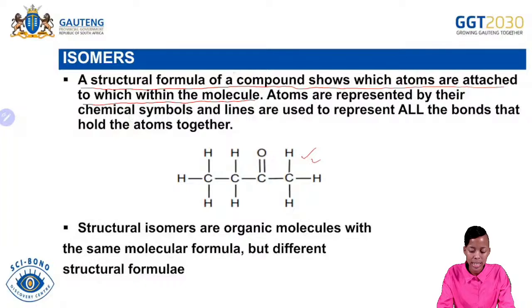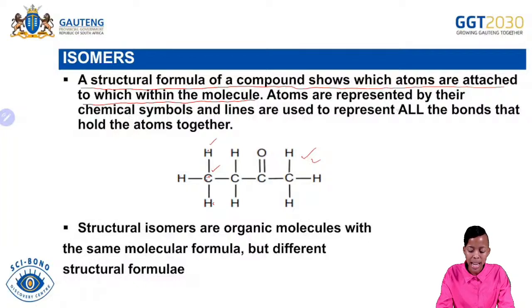It shows which atoms, so hydrogen, carbon atoms, are attached to which within the molecule. So we can see that the carbon is attached to a hydrogen. This carbon is attached to this hydrogen, and this carbon is attached to this hydrogen, and so on.